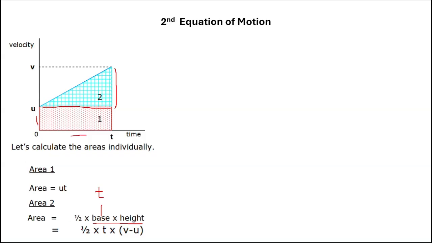So simplifying this equation, area is equal to half cross t multiplied by height, which is v minus u. Moving forward, earlier we saw that v minus u was equal to 80, from the first equation of motion.